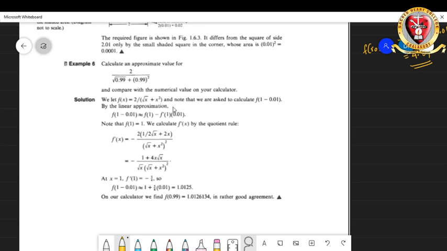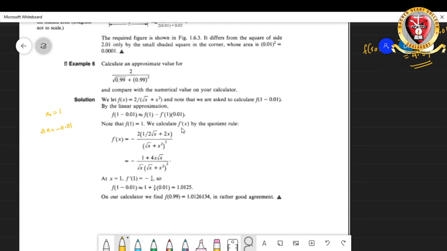Suppose we take 1 to be x naught and delta x to be minus 0.01. If we take it like that, we know f of 1 minus 0.01 will be f of 1 minus f dash of 1 into 0.01. Find f of 1. F of 1 will be 2 by 1 plus 1, that will be 1. F of 1 will be 1.